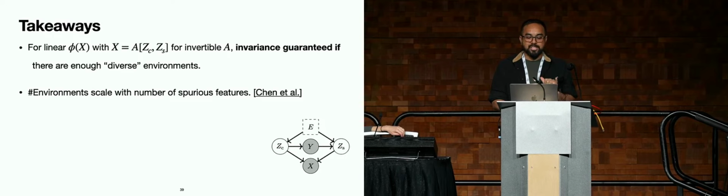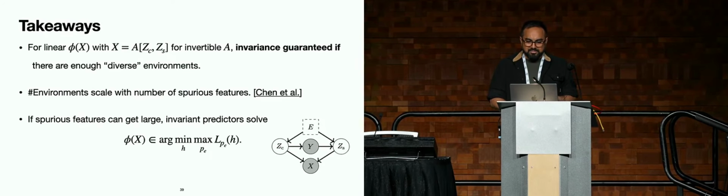So the assumptions are a little bit separate. Finally, if your spurious feature can get really large in magnitude, invariant risk minimization is guaranteed to give you a minimax predictor, where this maximum is over all possible distributions in the invariant representation coupling. So again, this guards you against worst case performance regardless of where this predictor is used in the coupling.